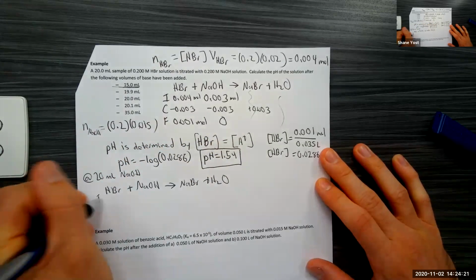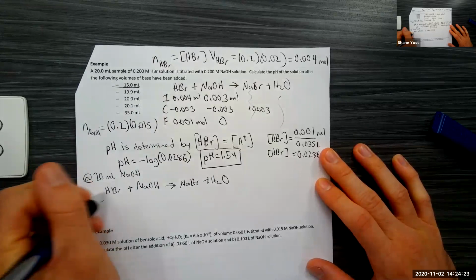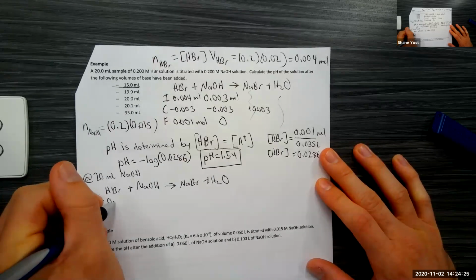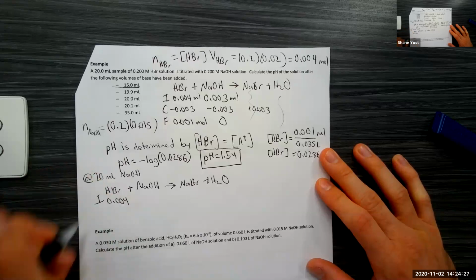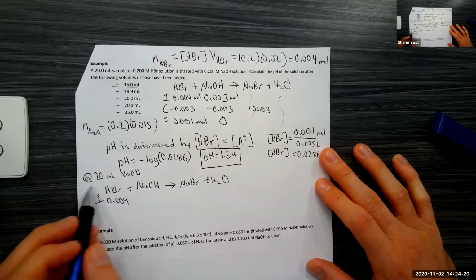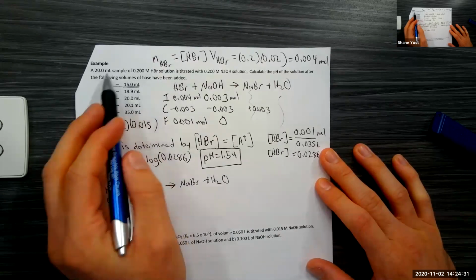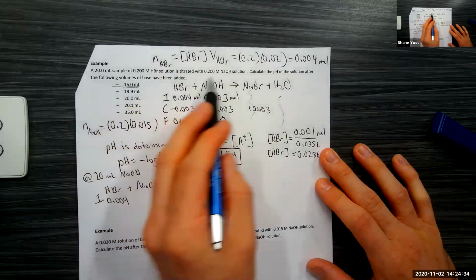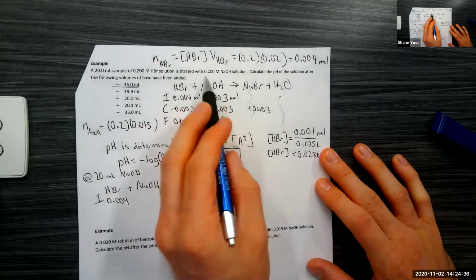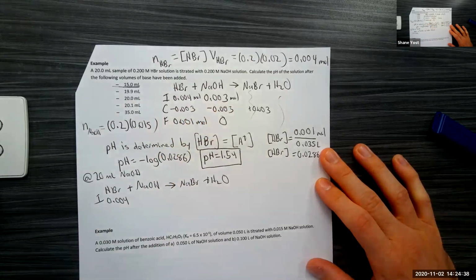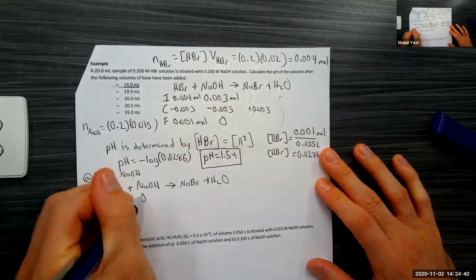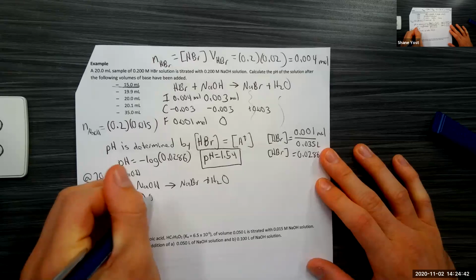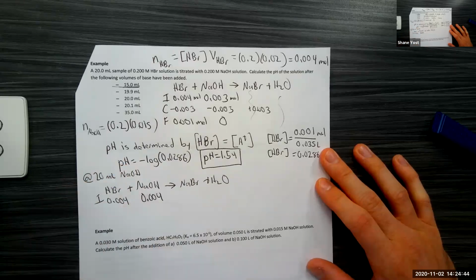In this case, my initial number of moles of HBr is still 0.004 moles. NaOH, I now add 20 milliliters of a 0.2 molar NaOH solution, which means its number of moles is also going to be 0.004 moles.